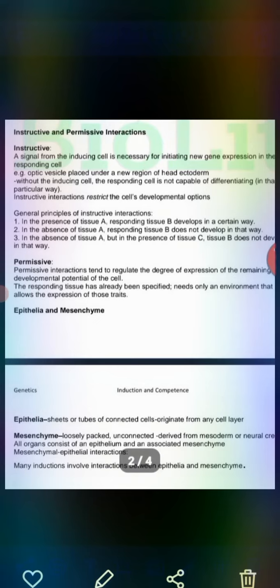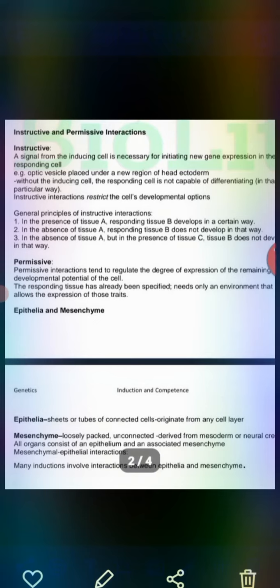So the inducer is capable of sending signals to the responder, and the responder is competent to the signal sent by the inducer. The interaction takes place between the inducer and the responder, and it leads to the formation of lens, which is what the head ectoderm is determined to become.